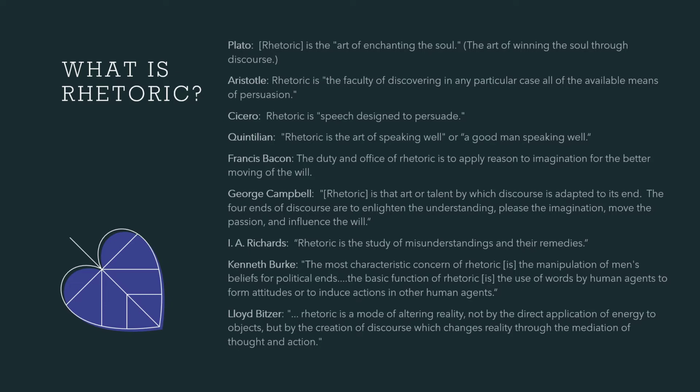Kenneth Burke says the most characteristic concern of rhetoric is the manipulation of men's beliefs for political ends. The basic function of rhetoric is the use of words by human agents to form attitudes or induce actions in other human agents. And so the first half of that, we see that concern about manipulation, right? That the way we use language can manipulate our audiences to think or do things that aren't necessarily the right things, right?